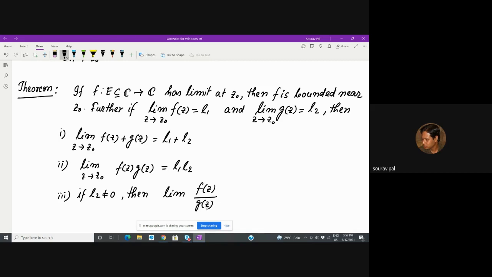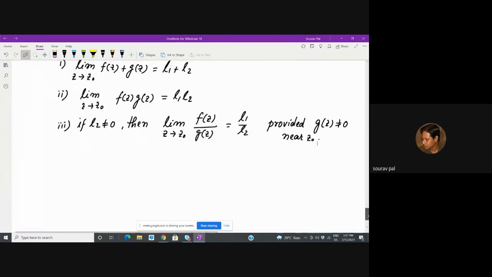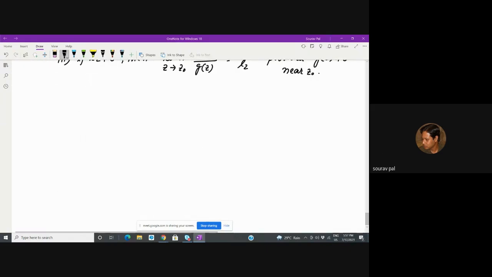Whenever you write f(z) by g(z), you have to be careful about the zeros of g, provided g is nonzero near z0. Otherwise, you will have trouble writing f(z) by g(z). So we all know these properties, and we have already defined continuity. But how to define continuity in terms of a sequence or a limit of a sequence?